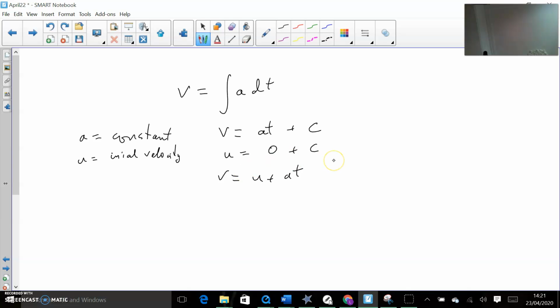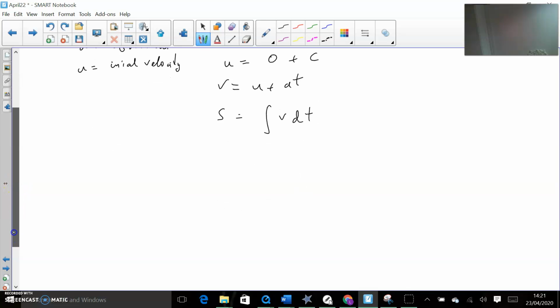Now we can go further because we know the definition of velocity. It's the change in displacement. So s is the integral of v dt, because v is a change in displacement.